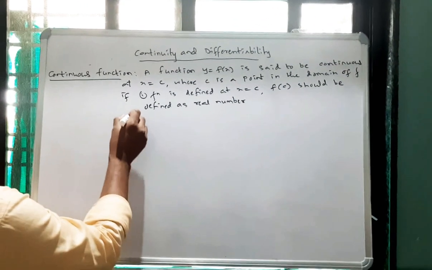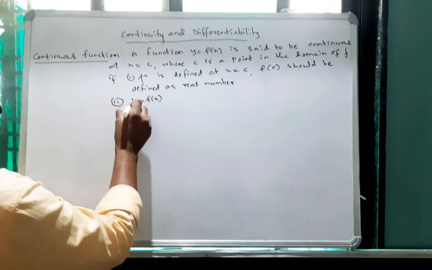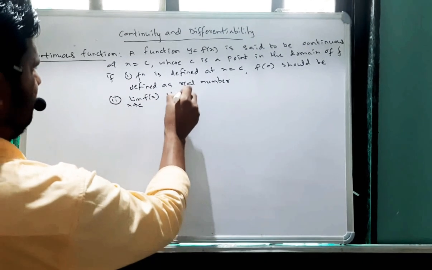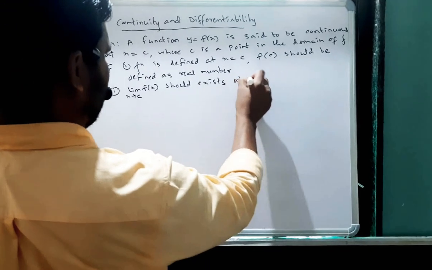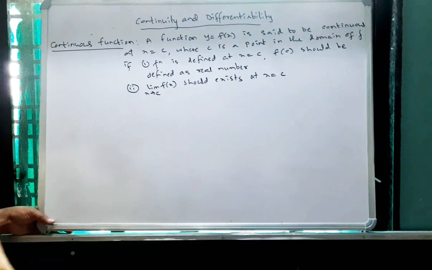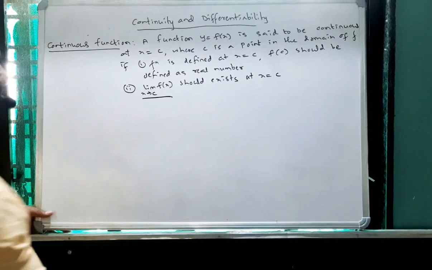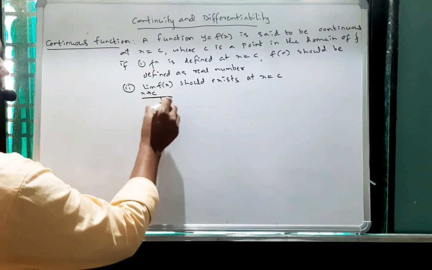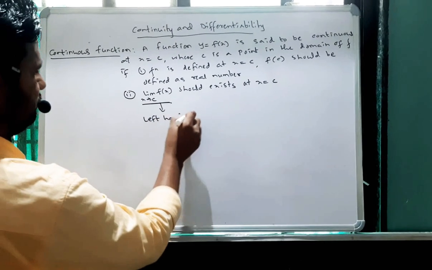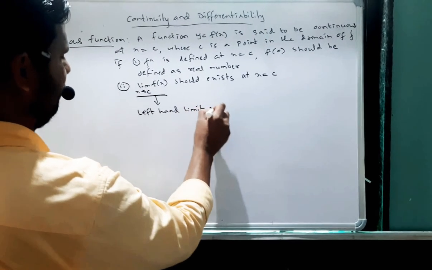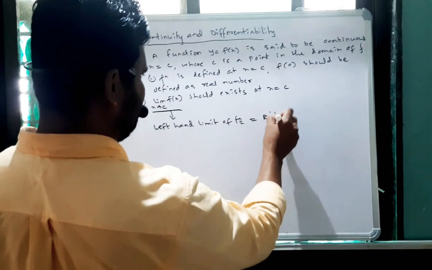Second one is the limit of the function f of x should exist at x equal to c. So limit of function f of x when x tends to c exists means that the left hand limit of function should be equal to right hand limit.